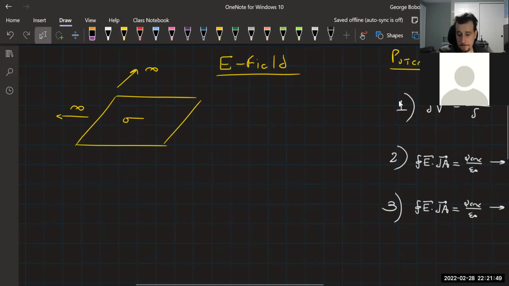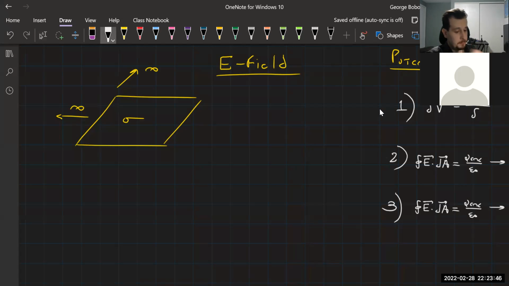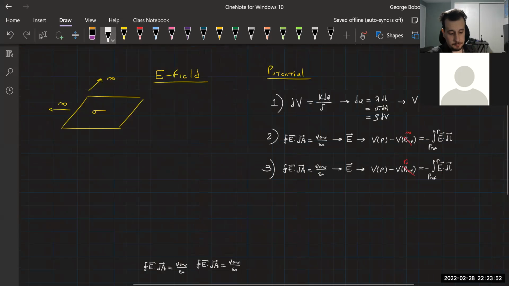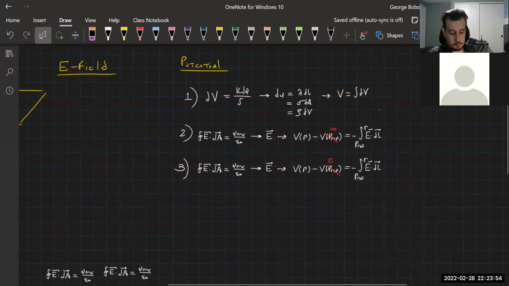Okay. All right. So I think I have my answers. For the E field, there would only be one because we only have one charge distribution. For potential, we would not use the infinite option because we have an infinite plane.